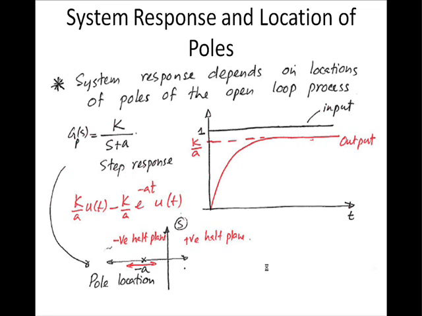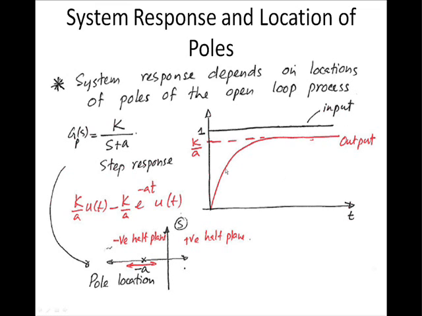And then how the system response relates with the location of the closed loop poles. System response depends on the location of closed loop poles of the open loop process. If you just consider this process K over s plus a, if you just follow the Laplace transform and the analysis that we did before to get the unit step response, final time domain expression will be like this: K over a times u(t) minus K over a e to the power minus at times u(t).